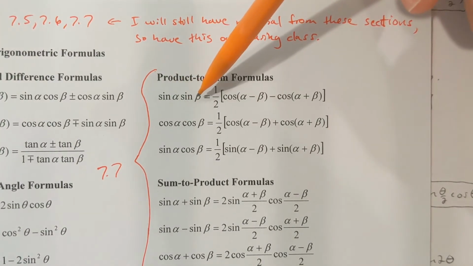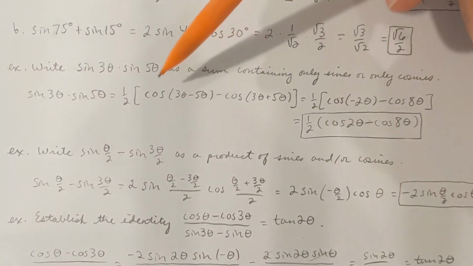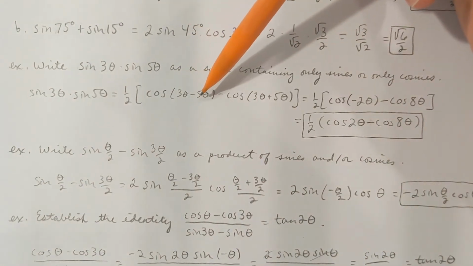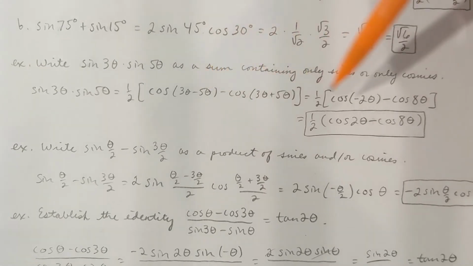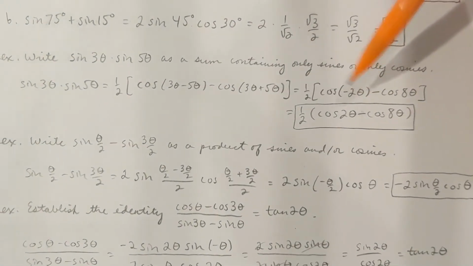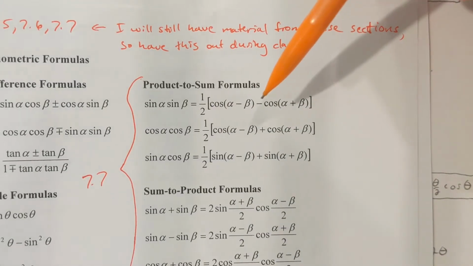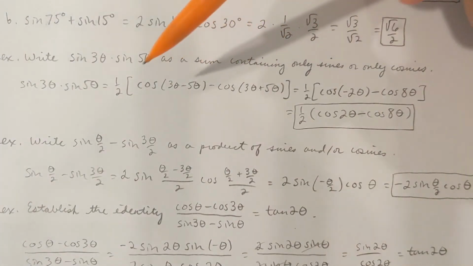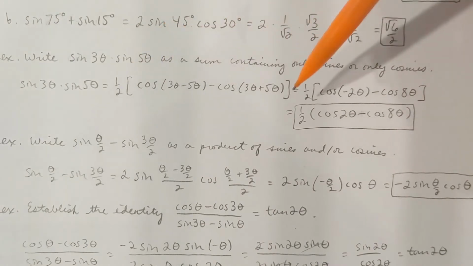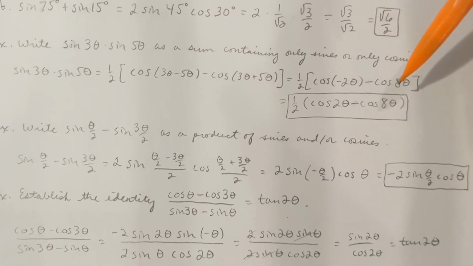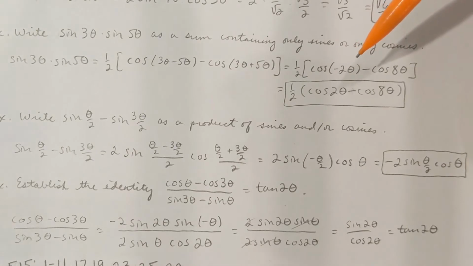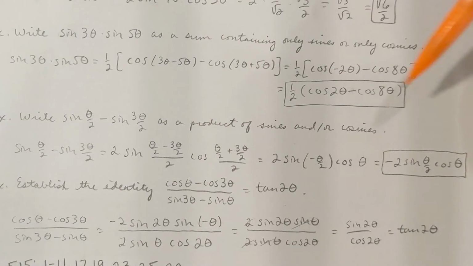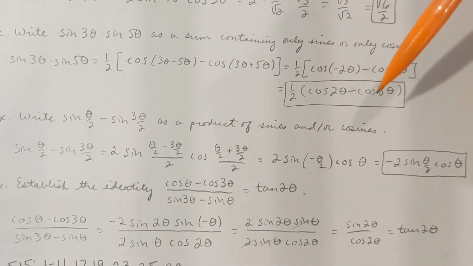Sine alpha times sine beta is 1/2 times cosine of, subtracting the angles, 3 theta minus 5 theta is negative 2 theta, minus cosine of, adding the angles, 3 theta plus 5 theta is 8 theta. The cosine function is an even function, so cosine of negative 2 theta is the same as cosine 2 theta. I want to give my answer so that the angle is positive, which looks better.